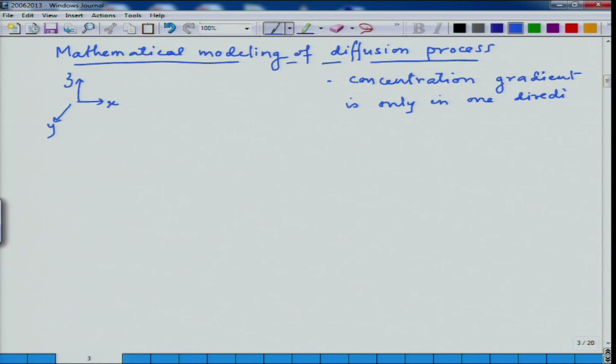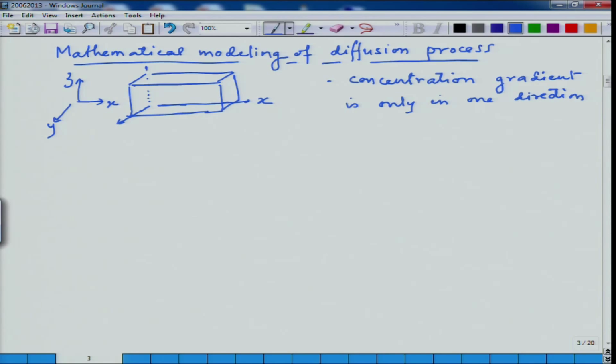So, it makes the problem one dimensional, which means that if the material, a semiconducting material, is having 3 dimensions, it is only along the x direction that we are having a concentration gradient.